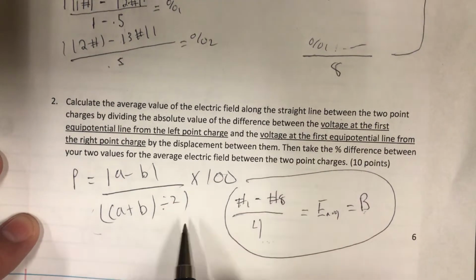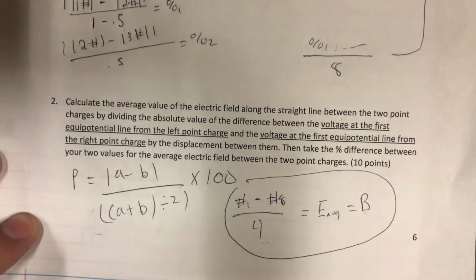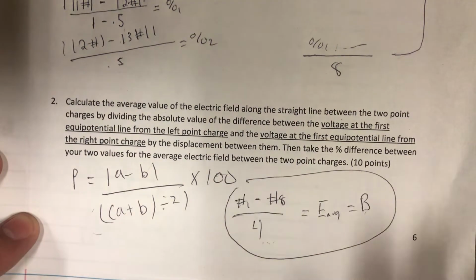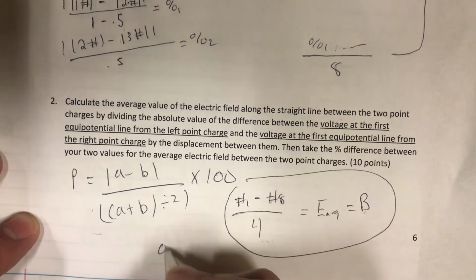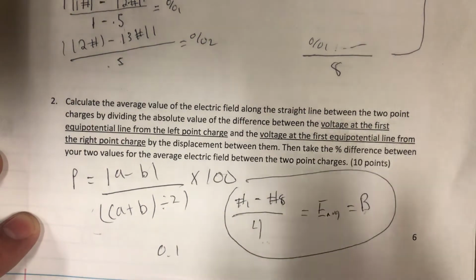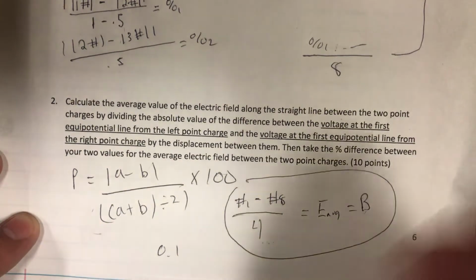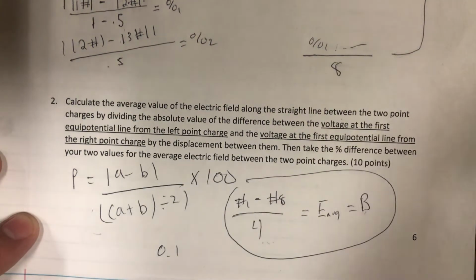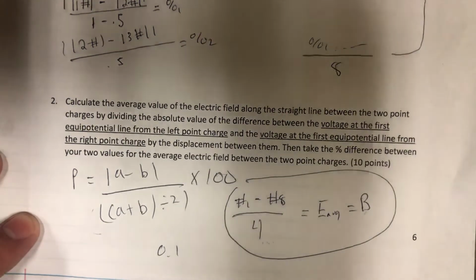So your answer should be 0 or really, really close to 0. So if your answer is 0.1, then you're good. But if you get some big answer like 50% or 100%, you did something wrong.